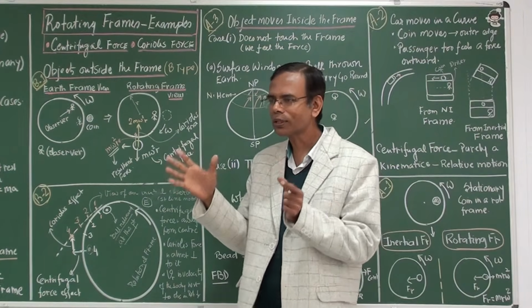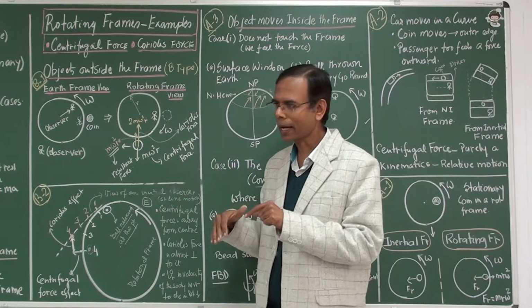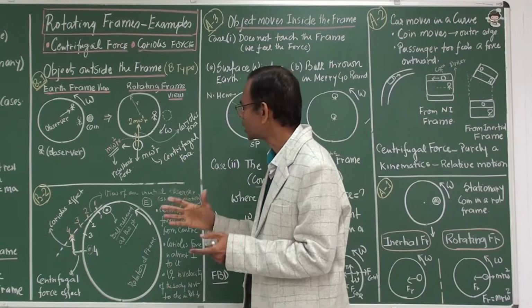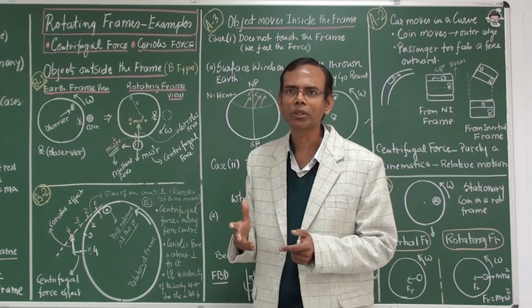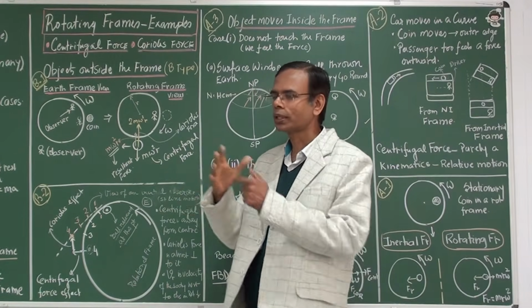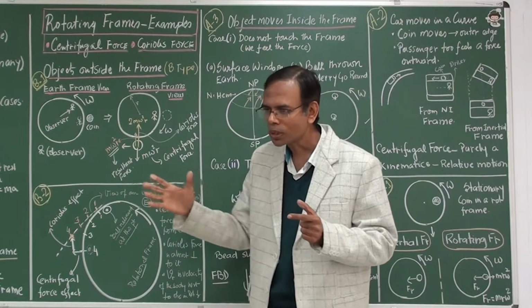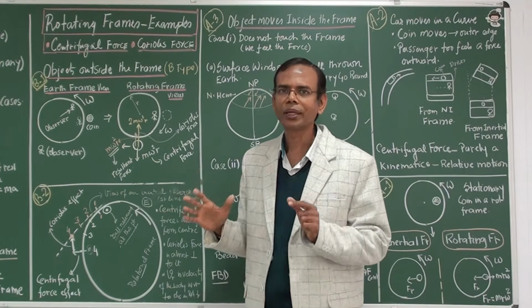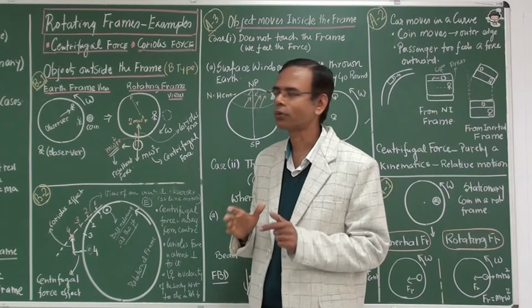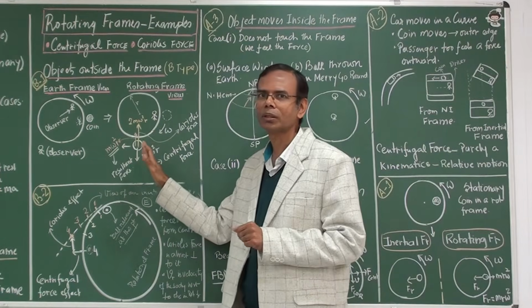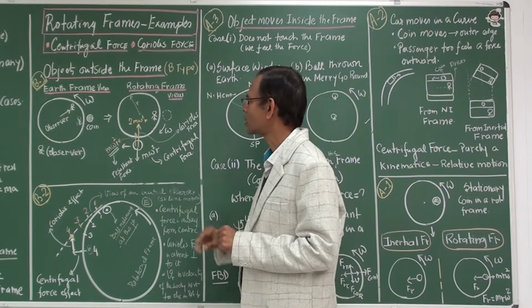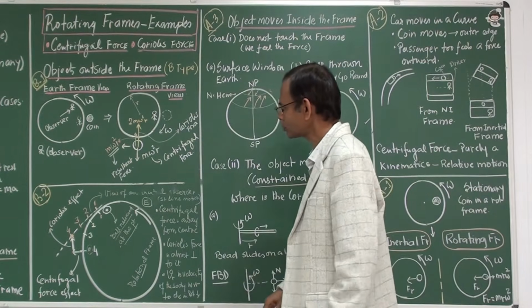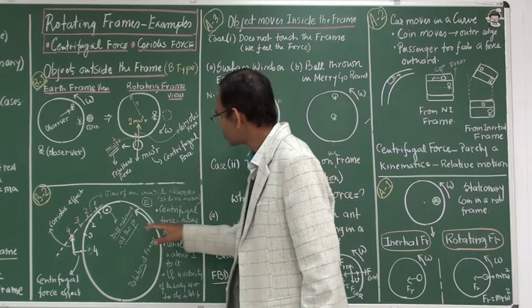How I am observing the body, depending on that relative motion, my centrifugal force and the Coriolis force come into the picture. So it is only because of a rotating frame. It is a frame dependent force. So this is one of the best examples to get a feel of what the centrifugal and the Coriolis force is.